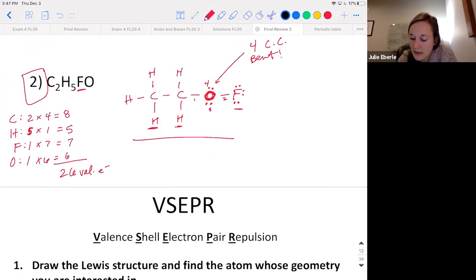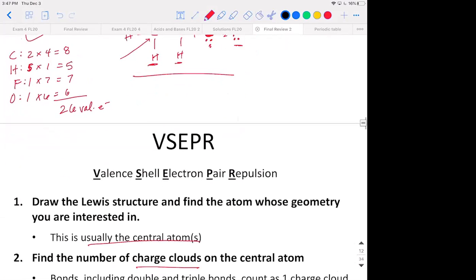Okay, what if we were trying to name this carbon right here? How many charge clouds on that carbon? No guesses? 4. Oh, yes, thank you. 4.